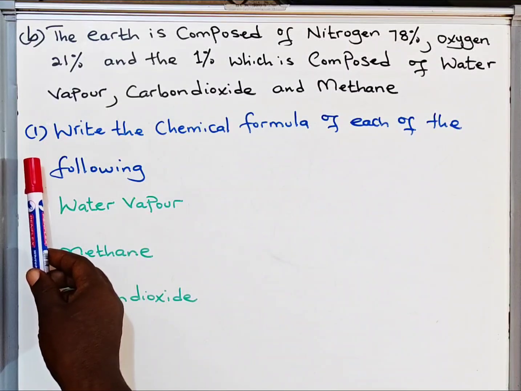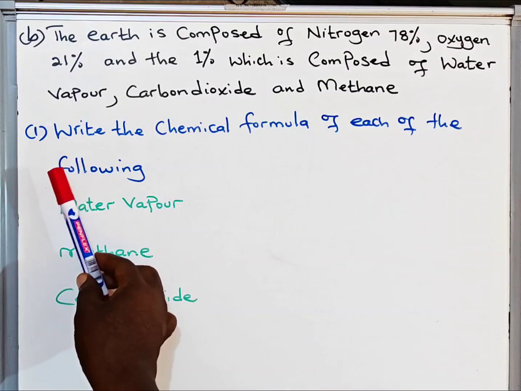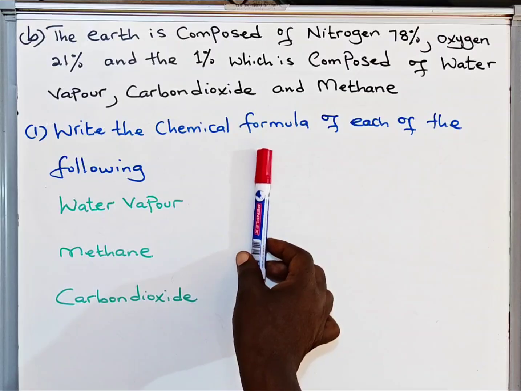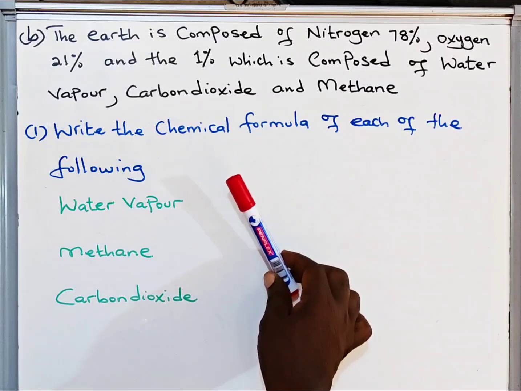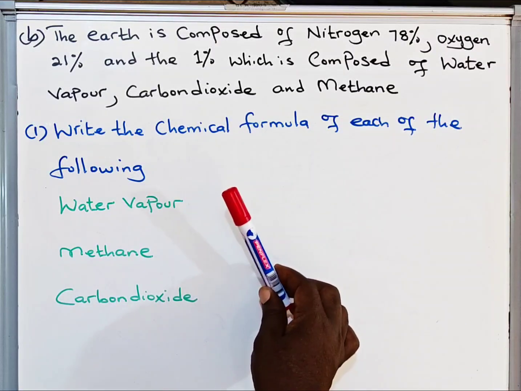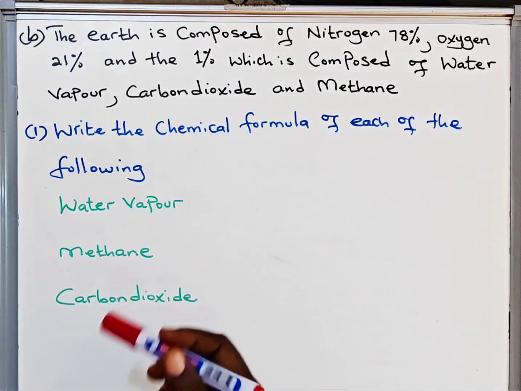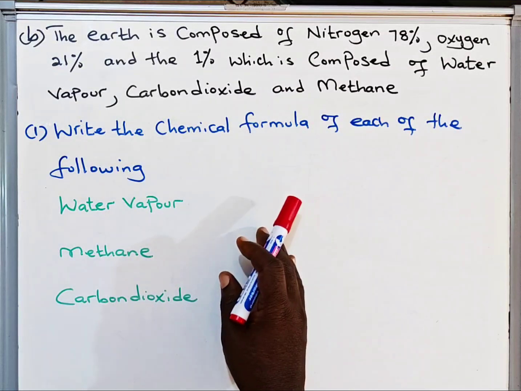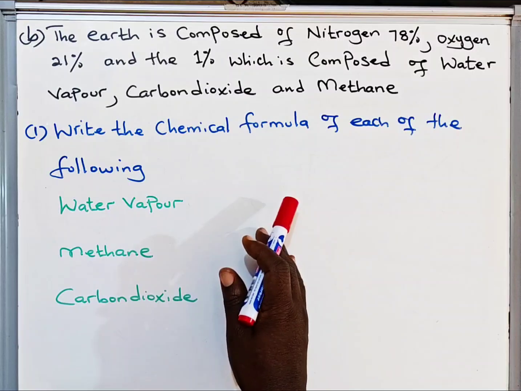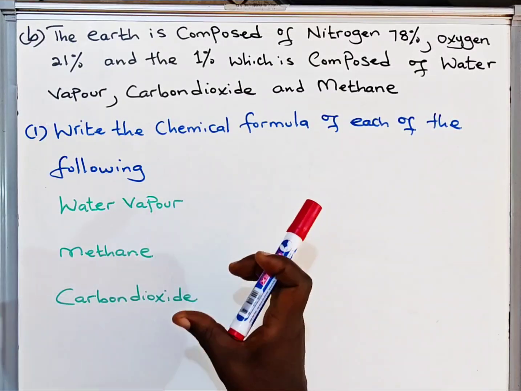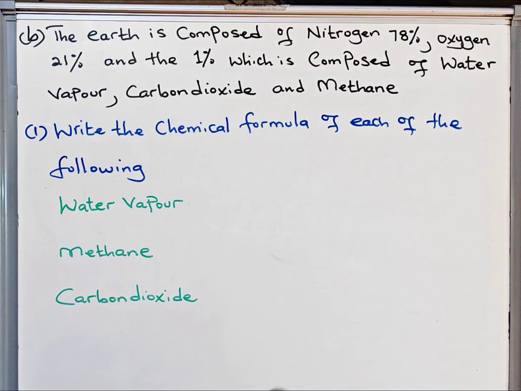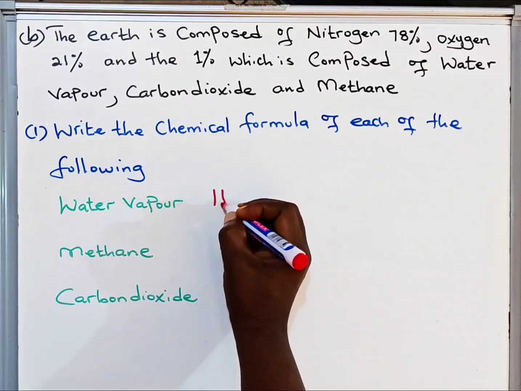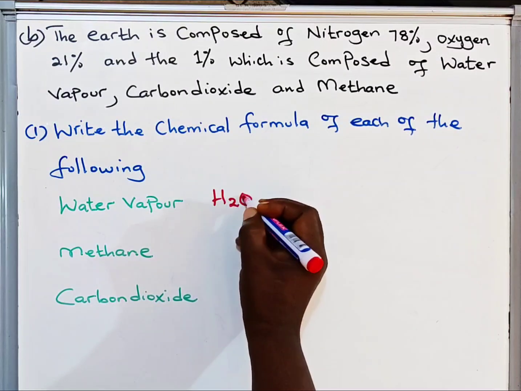Then the question says, write the chemical formula of each of the following. The first one is water vapor. What is the chemical formula of water vapor? This is the same as the chemical formula of water, which is H2O.